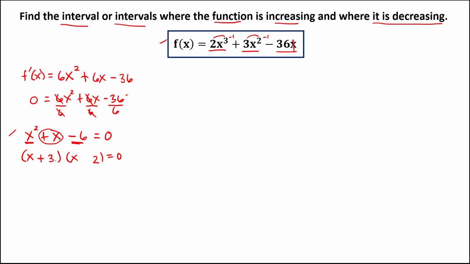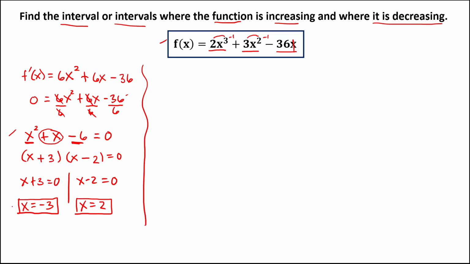So this is positive 3, negative 2. Then to solve for x, equate these two factors to 0, x plus 3 equals 0 and x minus 2 equals 0. So we have now x equals negative 3, and the other one, x equals positive 2.